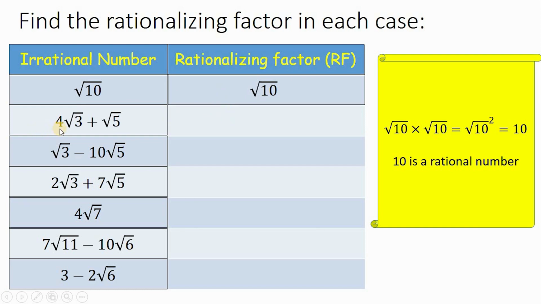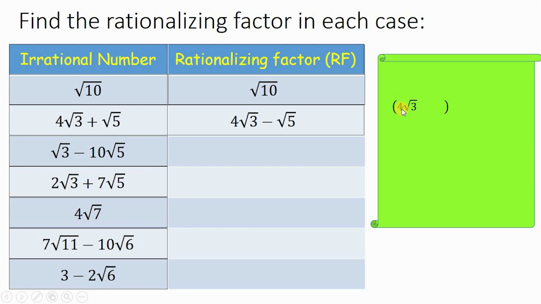Next one is 4 root 3 plus root 5. Now, what is the rationalizing factor over here? Here we have to take the conjugate of this number, that is 4 root 3 minus square root of 5. So we'll prove it over here: 4 root 3 plus root 5 into 4 root 3 minus square root of 5. Here again you will use the algebraic identity (a plus b) into (a minus b), and you will get a square minus b square, that is 4 root 3 whole square minus root 5 square.